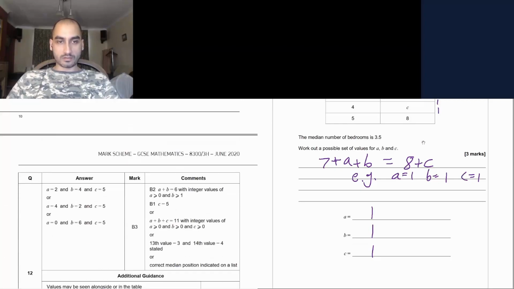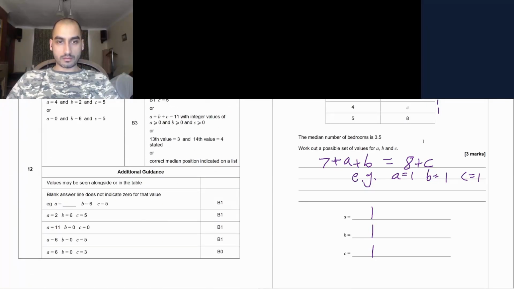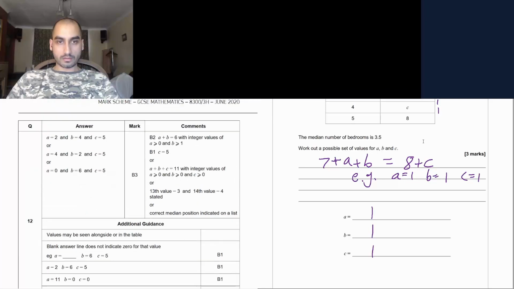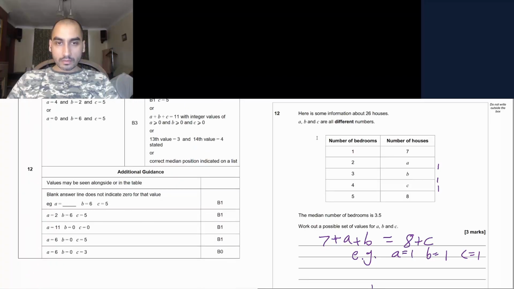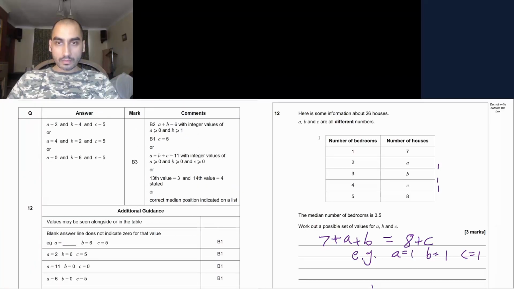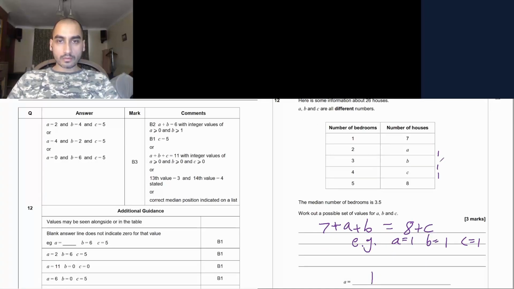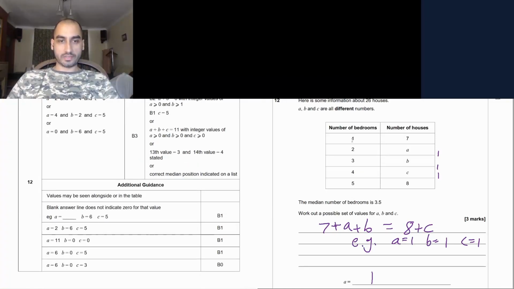I said 111. No? $111 is not a correct answer? Why not? Am I misunderstanding what the table means?